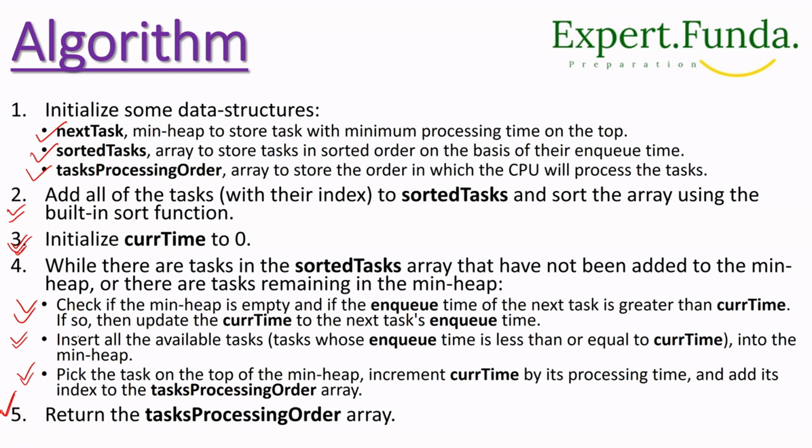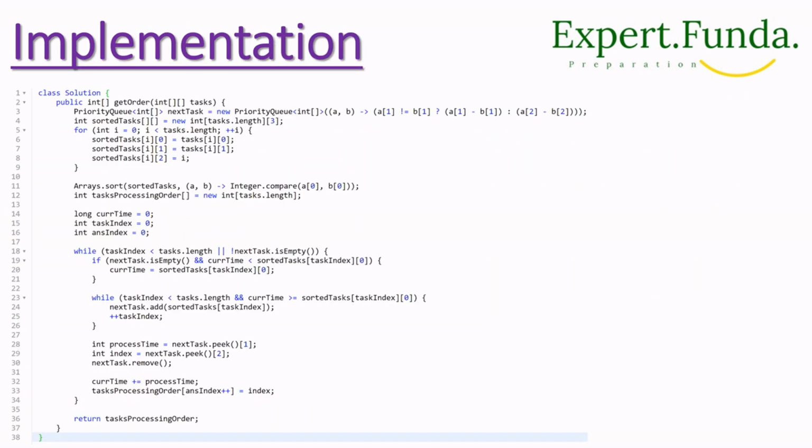First we'll check if the min heap is empty. We will check for a task greater than the current time, and we will insert all the tasks, and then we will pick, and then we'll do that. Finally we'll come to here. As you can see, we have taken a priority queue. Why have we taken the priority queue here?